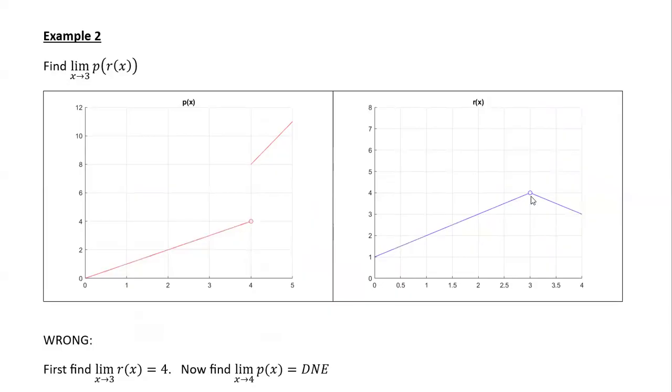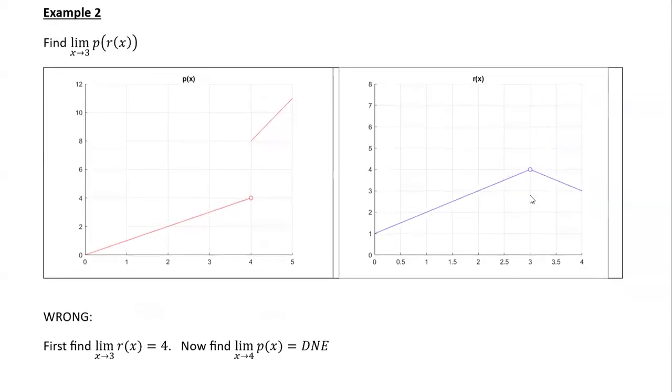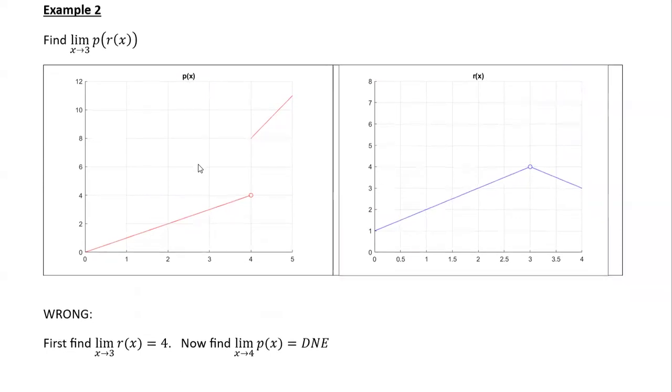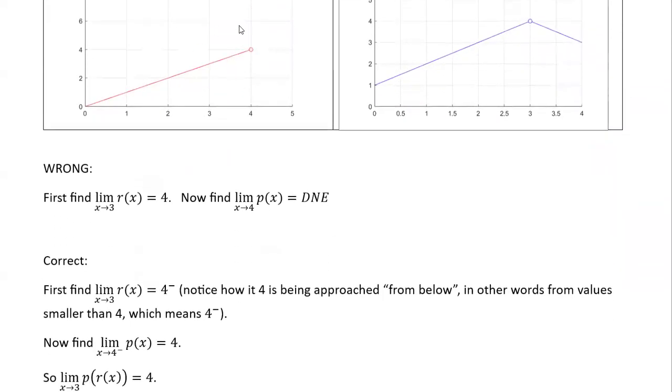That's 4 minus. So we're going to approach the outer function as x approaches 4 minus, so 4 from the left. And that's 4 as a result.